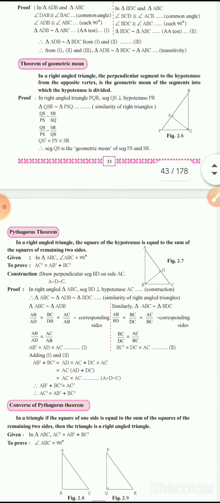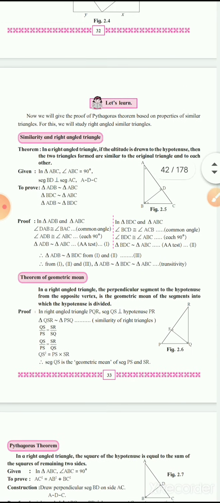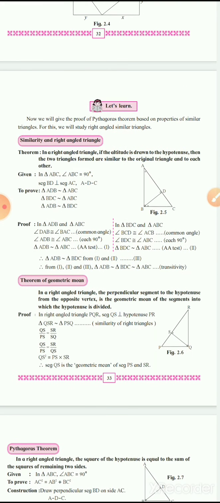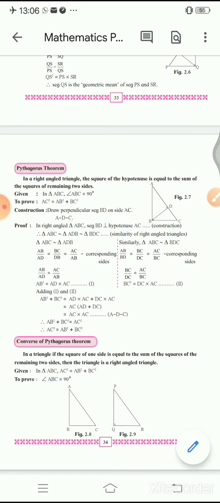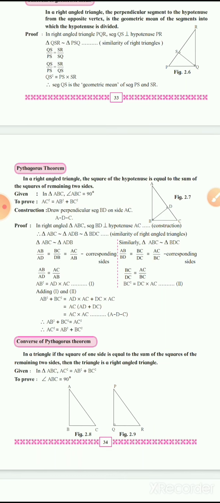Now with the help of the similarity and right angled triangle theorem, we have to prove the Pythagoras theorem, the important theorem for us. Let us see the Pythagoras theorem, which is very important for our coming board exam.